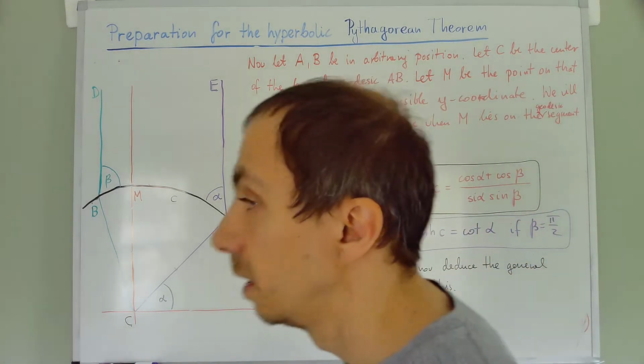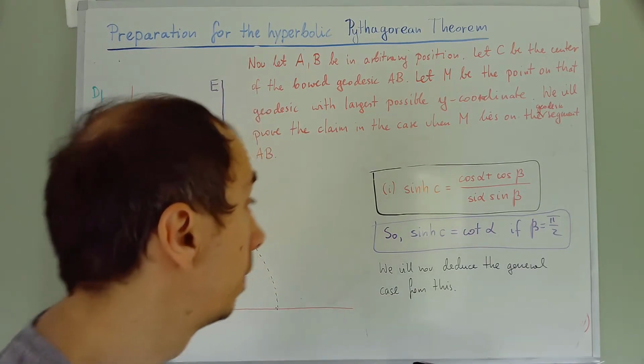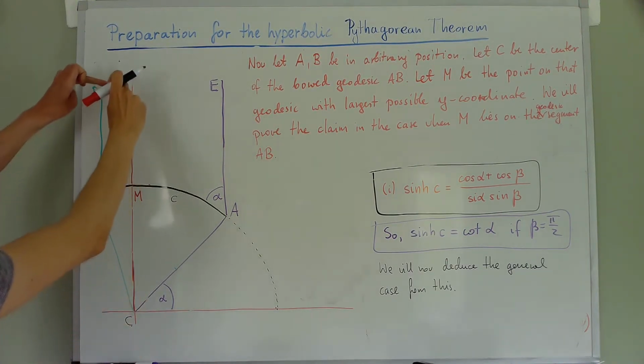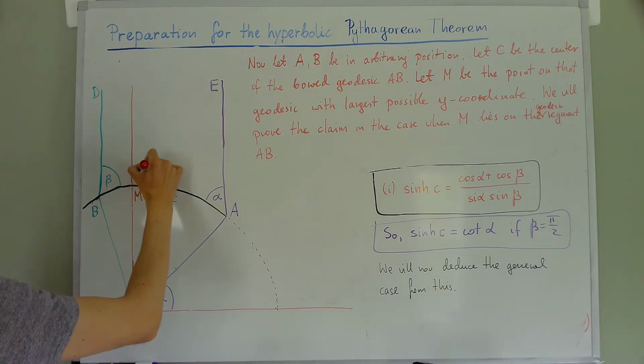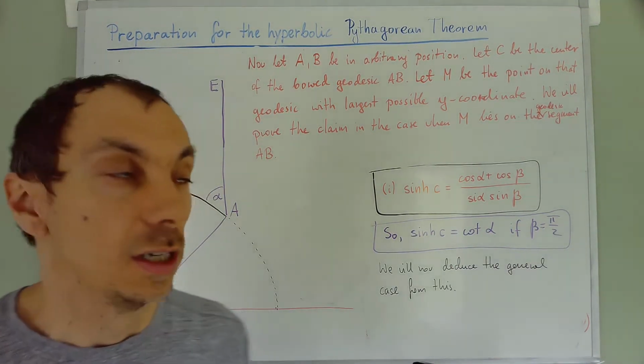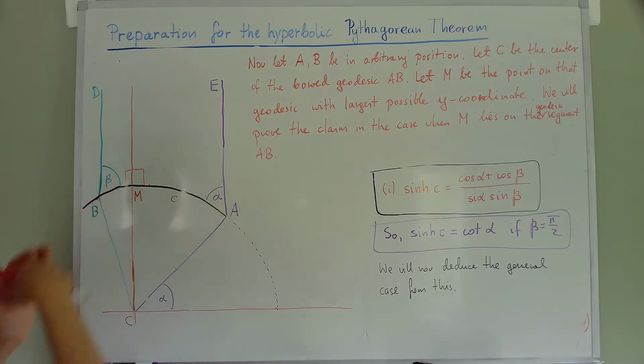I'll leave the other case for you to think about. Why do I do this? Because then I'm introducing here two right angles. So I will try to use the previous case and do this in two portions.